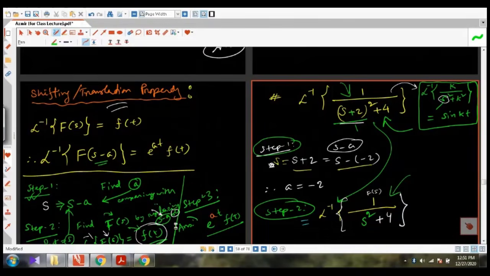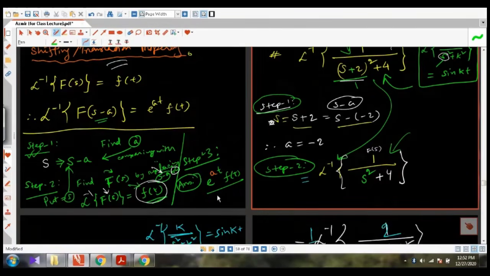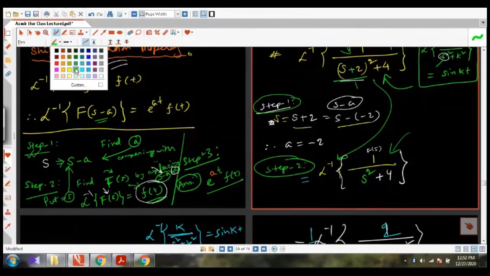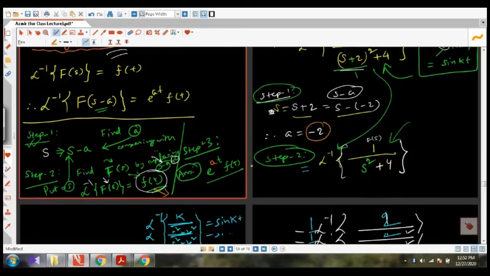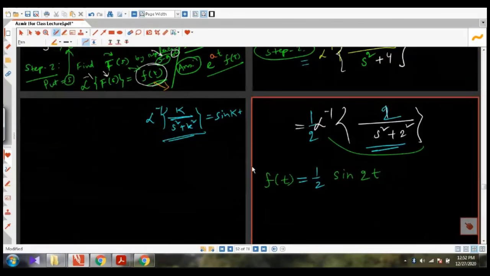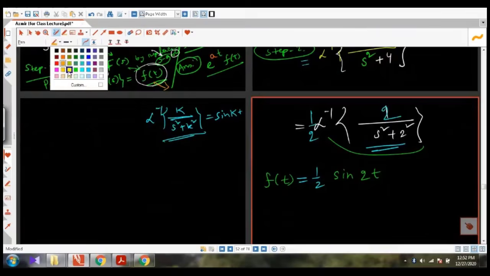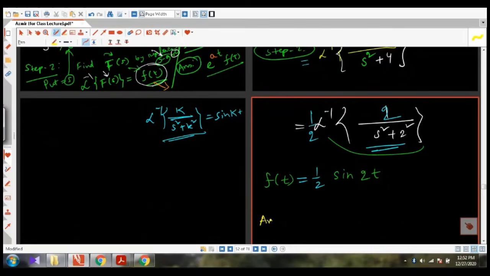So that's why I have written here step 3, that the final answer will be e power at, whatever a you have found previously, e power at with the previous f of t that you have found in step 2. So the final answer will be e power at f of t.